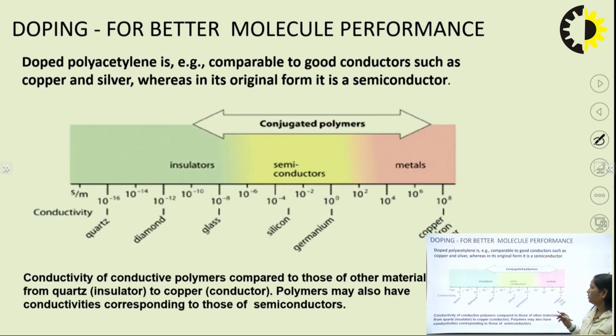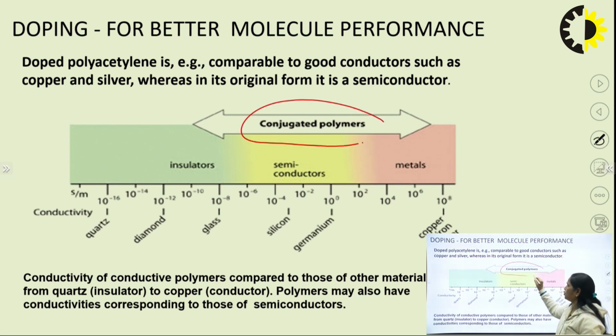Now we can observe that after doping, polypyrrole, polythiophene, polyacetylene, the molecules which are already conducting in nature, have their conductivity increased. This level shows that the conductivity of conjugated polymers is somewhat better than some metals also, like copper and silver.